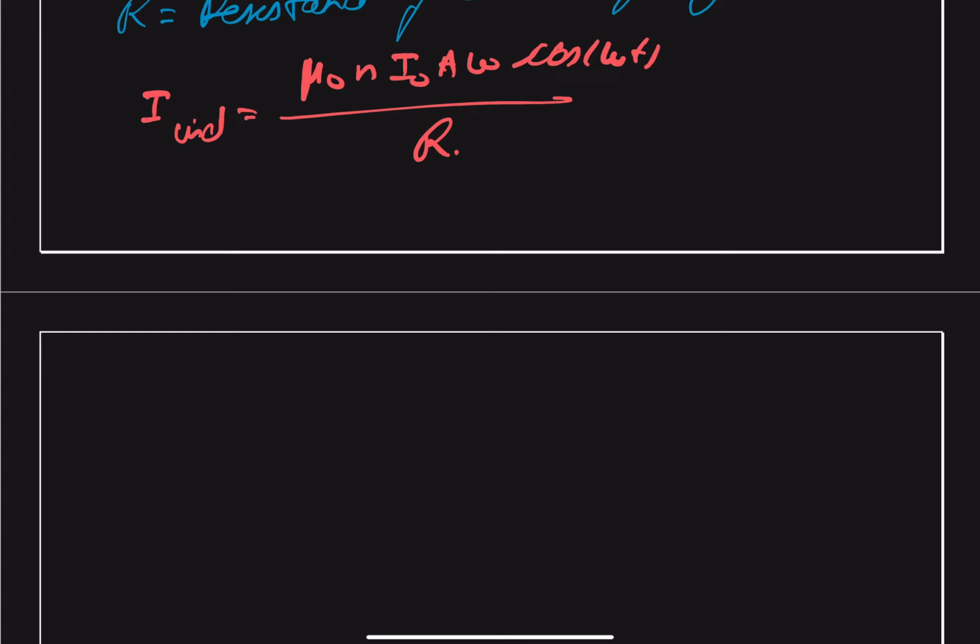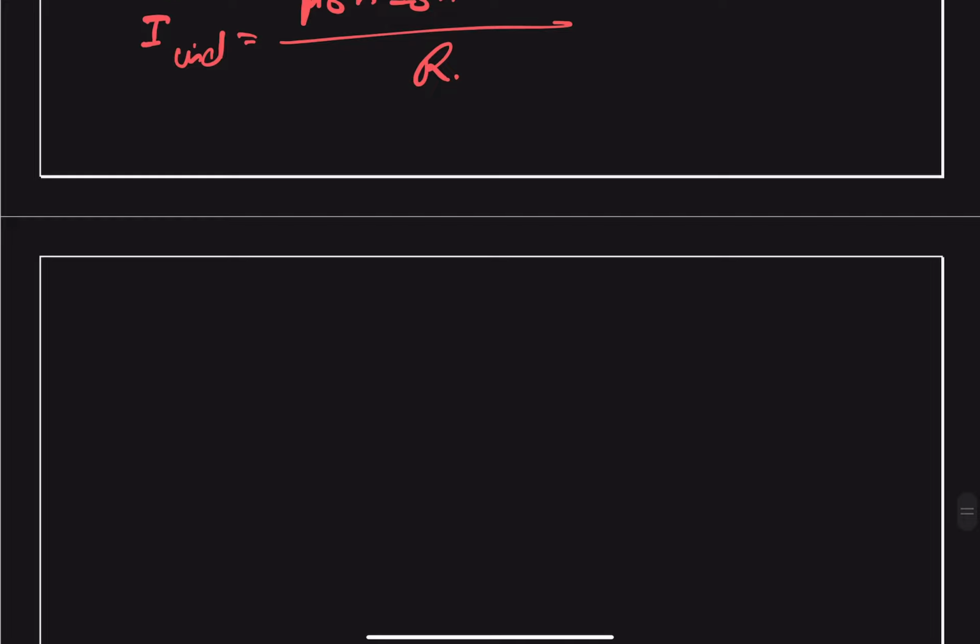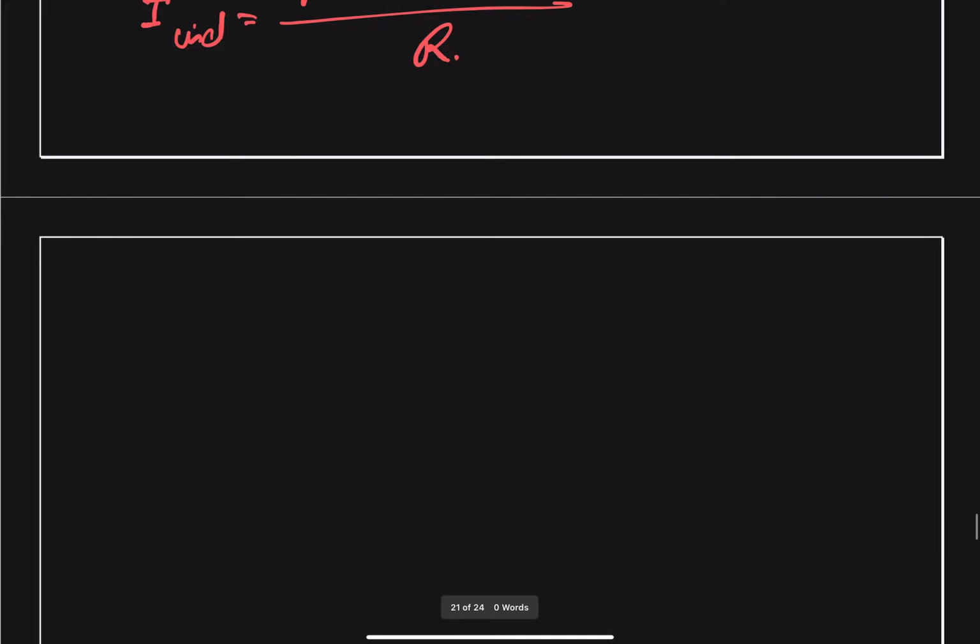And because of this, this induced current will generate its own magnetic field. Let us start with the force on the conducting ring.